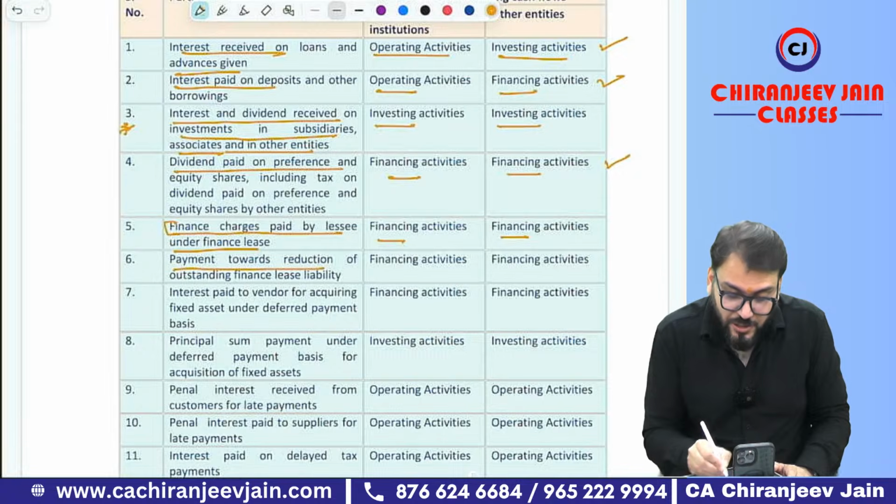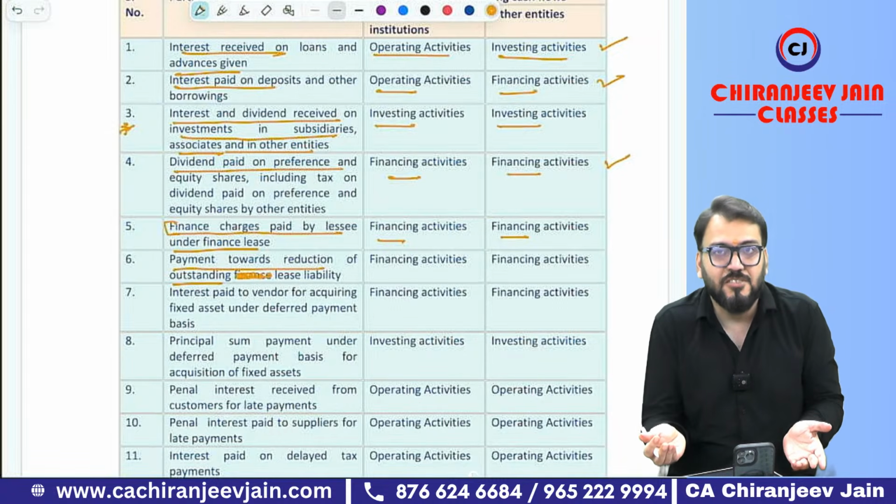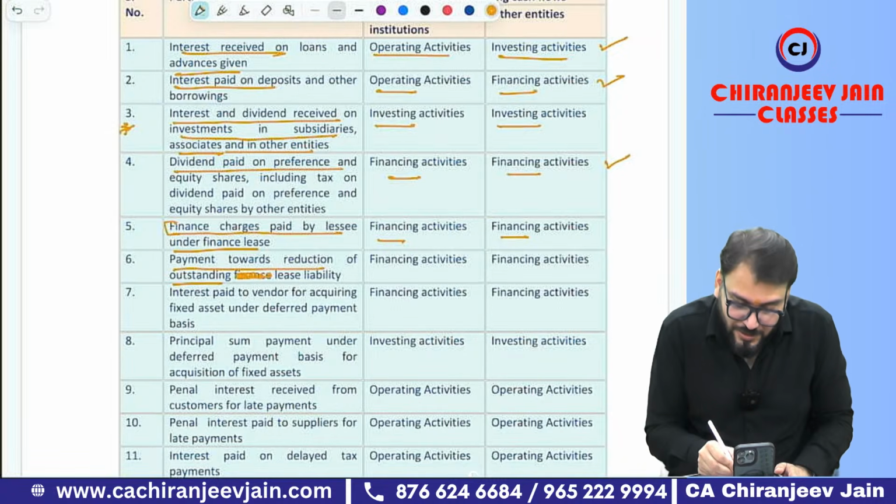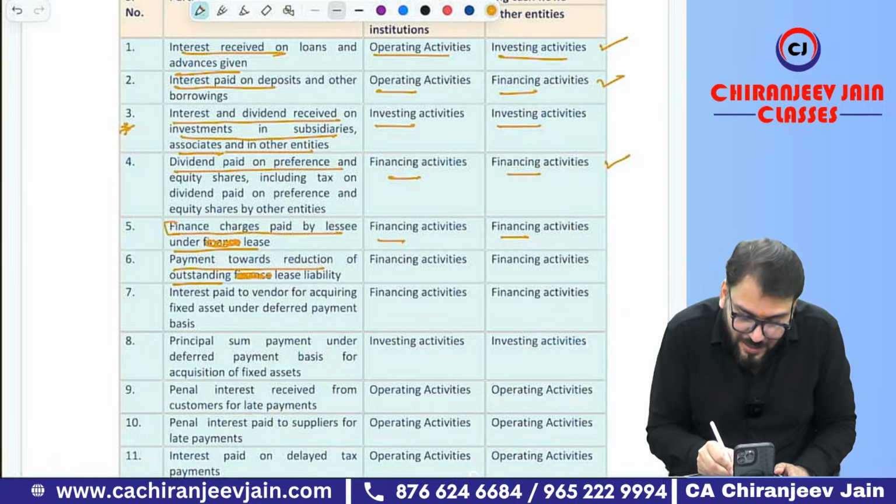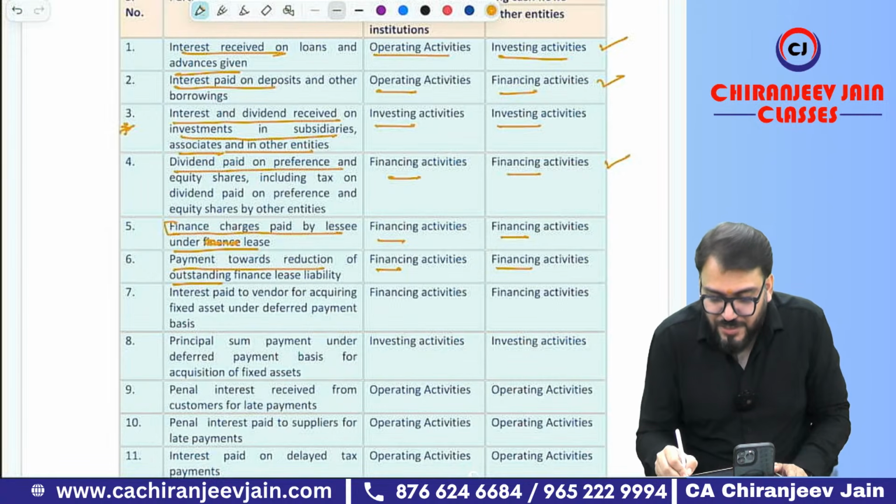Payment for reduction of outstanding lease liability, because for a lessee there is no operating lease, so it is not under finance lease, it is under lease. Now there is no concept of finance lease or operating lease in the books of the lessee. So this is also financing.